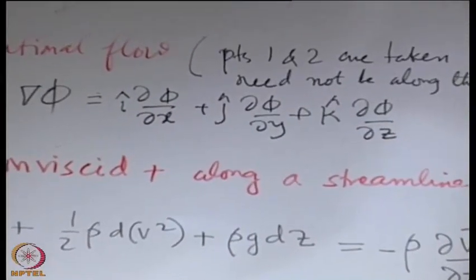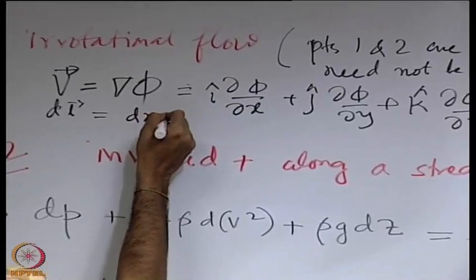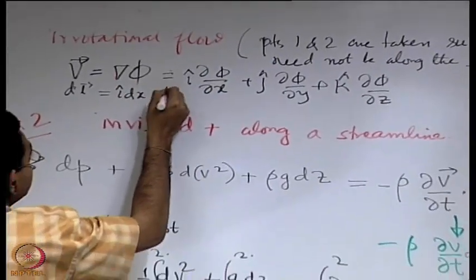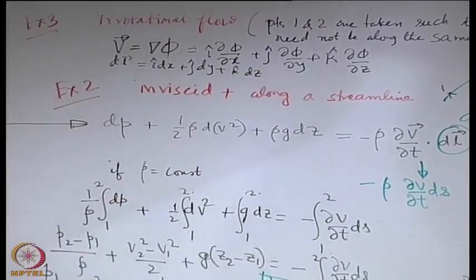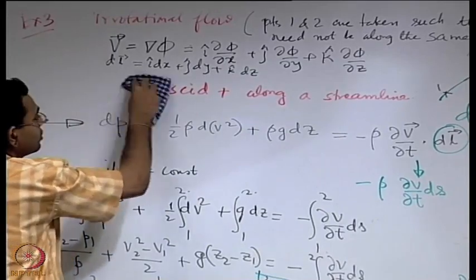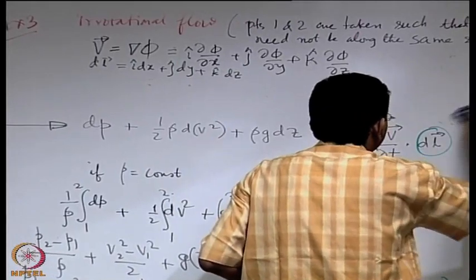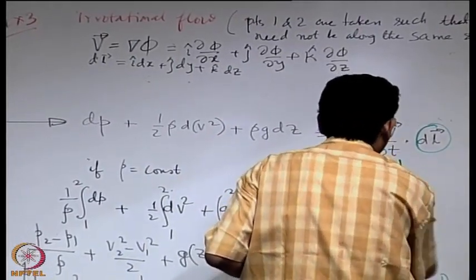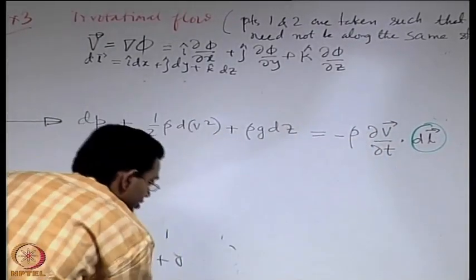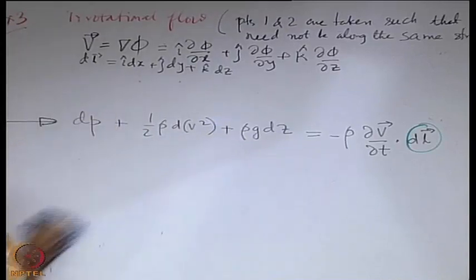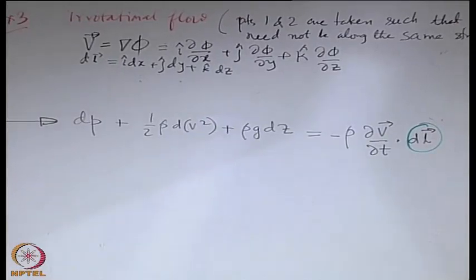Now what is dl? Let us try to write the expression for the partial derivative of V with respect to t dotted with dl. We have to keep in mind that dl need not be along ds, but that is okay because we have considered an arbitrary dl with its x, y and z components. It is not necessary that it has to be along a streamline.